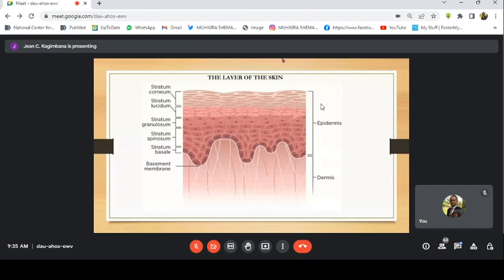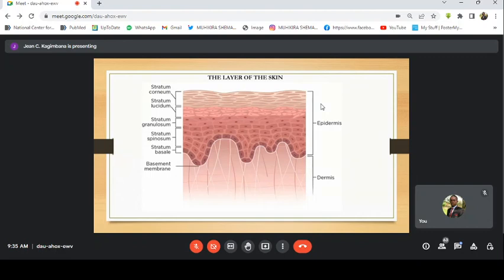Now, what we can retain here: the epidermis is made of sub layers which contain, from the basement membrane, keratinocytes, nucleated, and they lose their nucleus as they go up to the stratum corneum, and they tend to be flat.